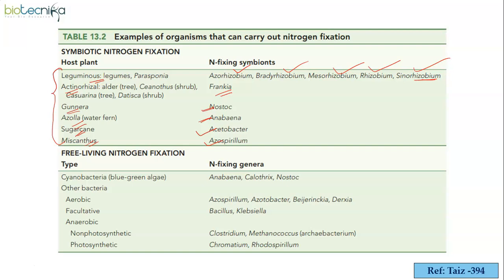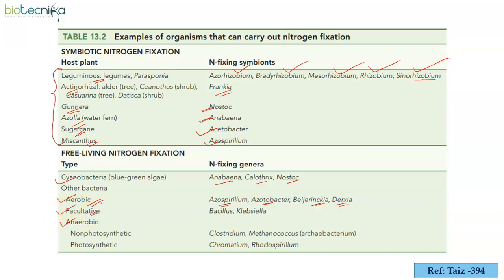Now compare it with free-living nitrogen fixation. We have cyanobacteria, for example Anabaena, Calothrix and Nostoc. Some bacteria can be categorized as aerobic, facultative and anaerobic. Aerobic means those depending upon oxygen, that is Azospirillum, Acetobacter, Beijerinckia, Derxia.